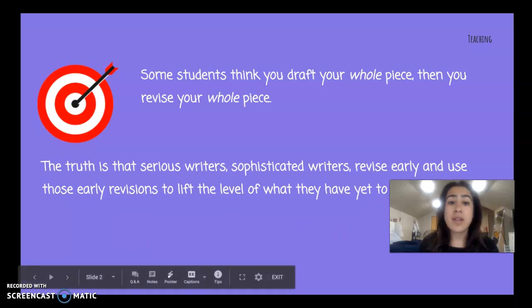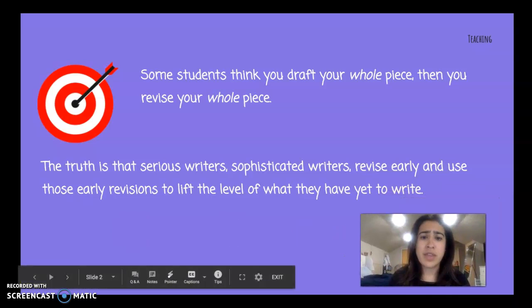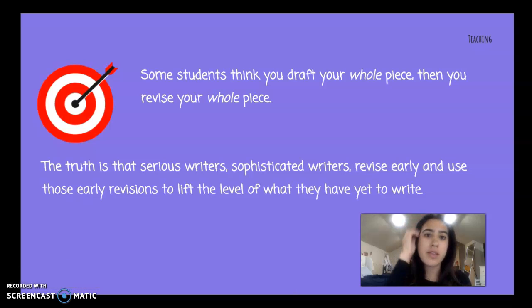So some students think you draft your whole piece and then you revise your whole piece. And in some sense, we kind of have drafted our whole piece. And I'm not saying that your writing isn't great right now, but we all know that the best writers in the world don't publish after their first draft or second or even 100th draft.